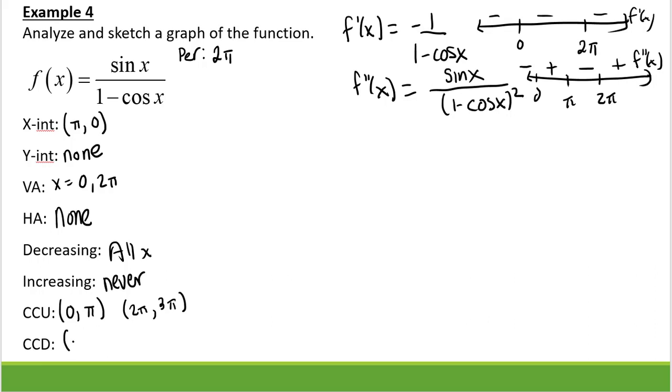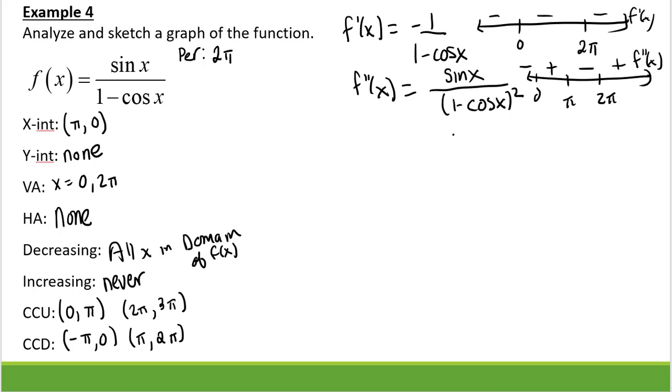So my concave down is from negative pi to 0, and then pi to 2 pi. Now, I just noticed I have a little mistake here. It's decreasing for all x in the domain of f of x. Remember, we have some vertical asymptotes happening here.